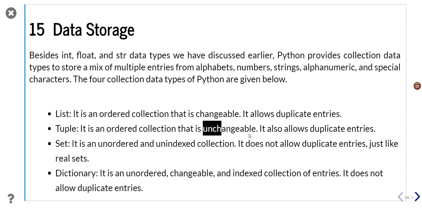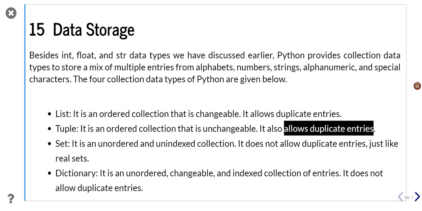But it is unchangeable, which means you cannot edit or change the content. The variable length input argument is a tuple, which means once it receives the content, that's it, you can't change it. That's the only thing that makes it different from a list. It also allows duplicate entries. So all these characteristics you should know, what is a list, what is a tuple, and things like that.